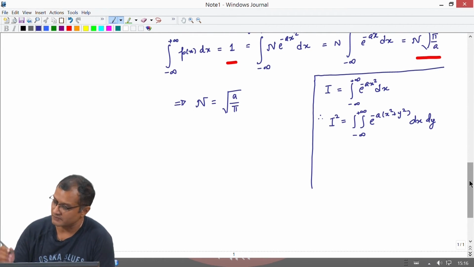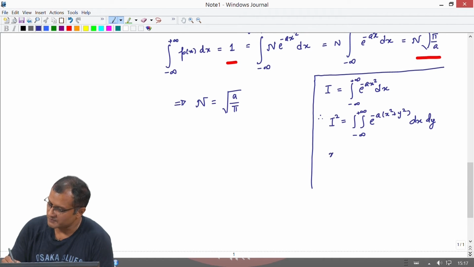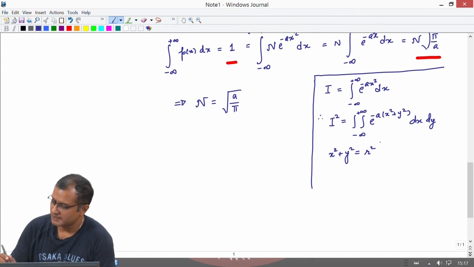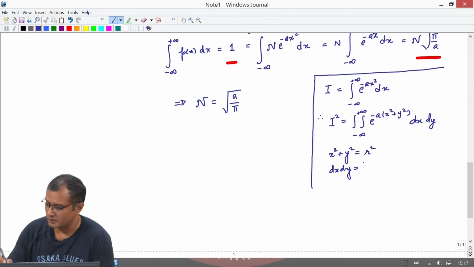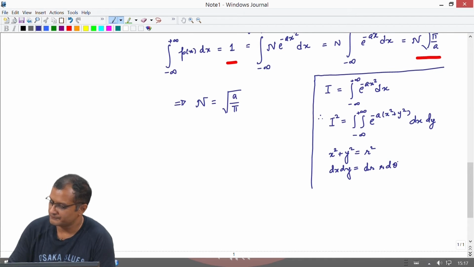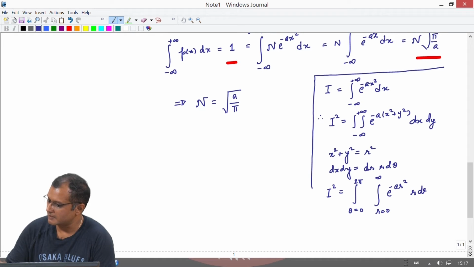Okay. So, because I can change the integration variable from x to y, that amounts to squaring the integral, and if I simply make the substitution into polar coordinates, with the area element dx dy as dr into r d theta, then my integral I square simply becomes the integral of theta going from 0 to 2 pi, integral of r going from 0 to infinity, e raised to minus a r square r dr d theta.